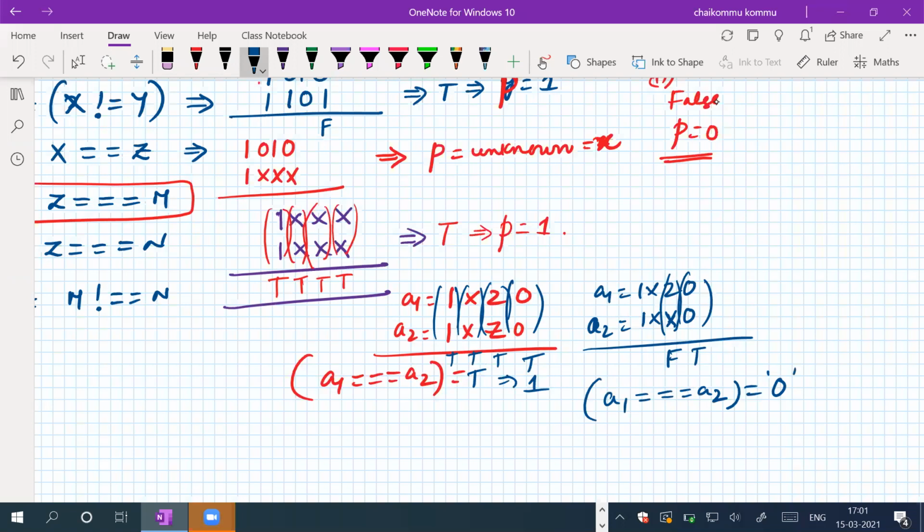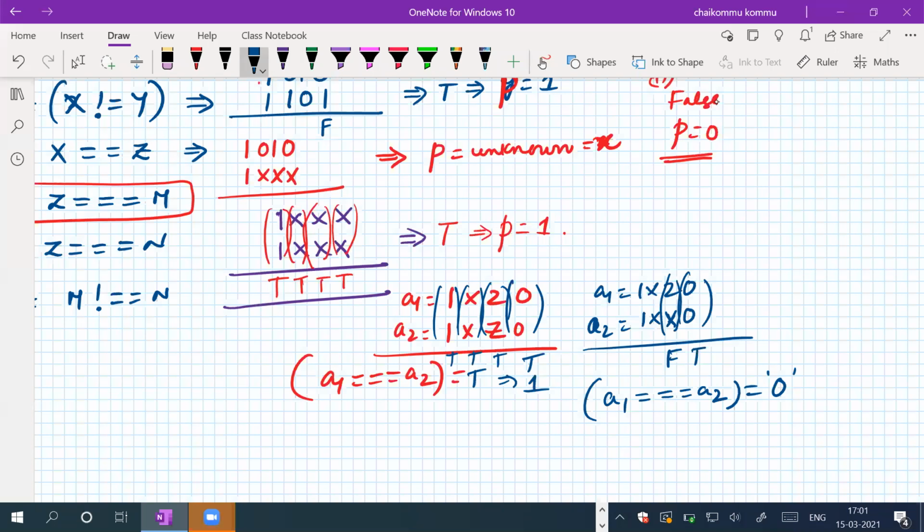So far, whatever data we have seen, whether logical, relational, or equality, for all these three operators, the output will be single bit data. What is the conclusion for this one?